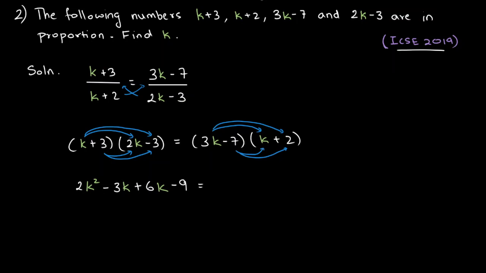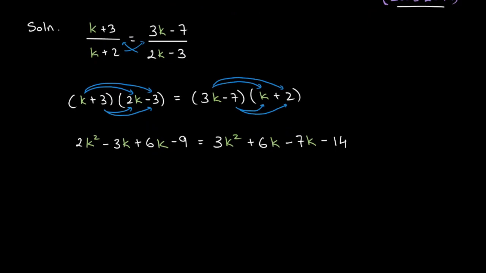This is equal to 3k into k will make it 3k squared. 3k into plus 2 makes it plus 6k. Minus 7 into k is minus 7k, and minus 7 into 2 will make it minus 14, right?